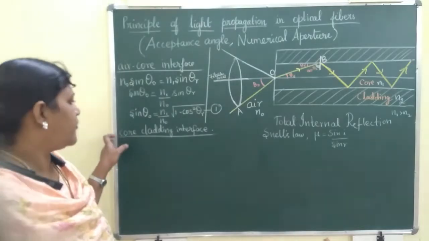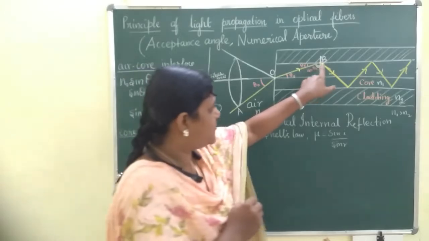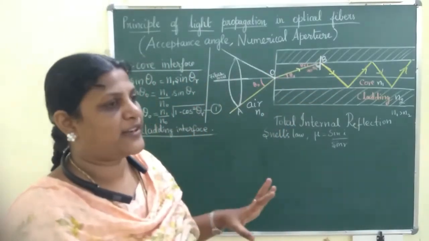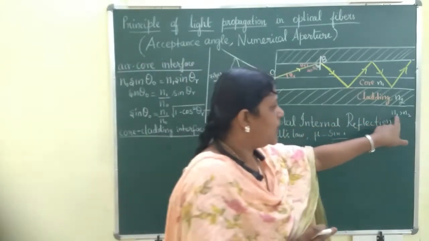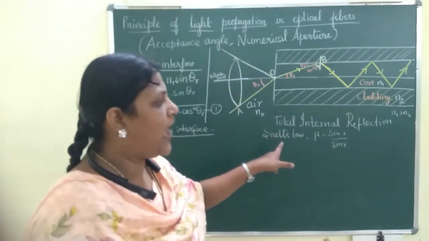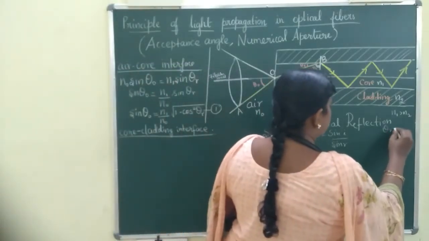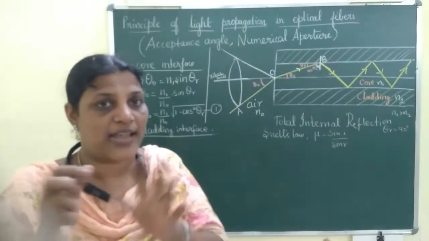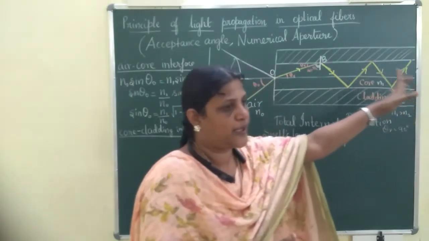Okay, let's come to the other interface. Here, this point B is called the core-cladding interface. For the core-cladding interface, one condition for total internal reflection is n1 greater than n2. The next condition is that the angle of refraction should always be equal to 90 degrees. Whenever it becomes 90 degrees, the light starts to propagate inside the core of the optical fiber.